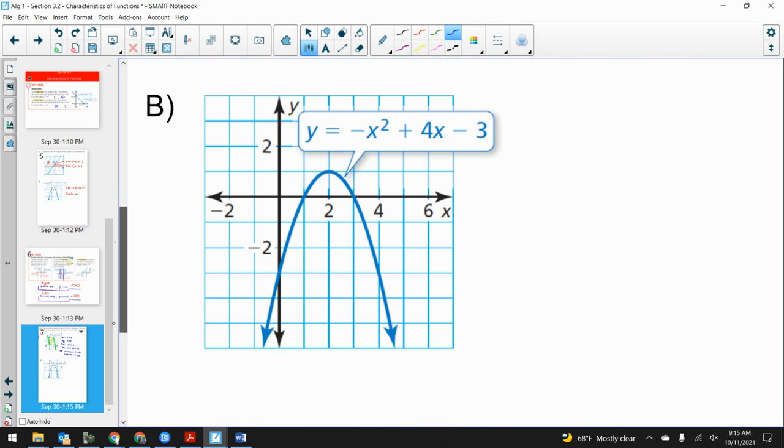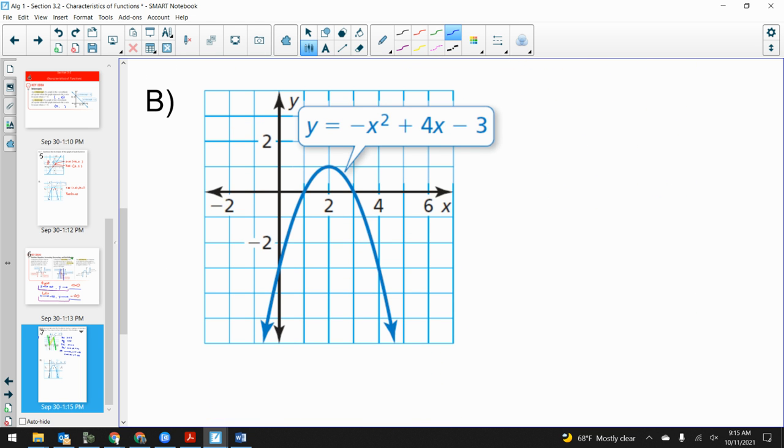Okay, example B. Okay, let's go positive and negative. When is the function above the x-axis? From here to here, right? Well, that's the x values from 1 to 3. Oh, sorry, I wrote 0.